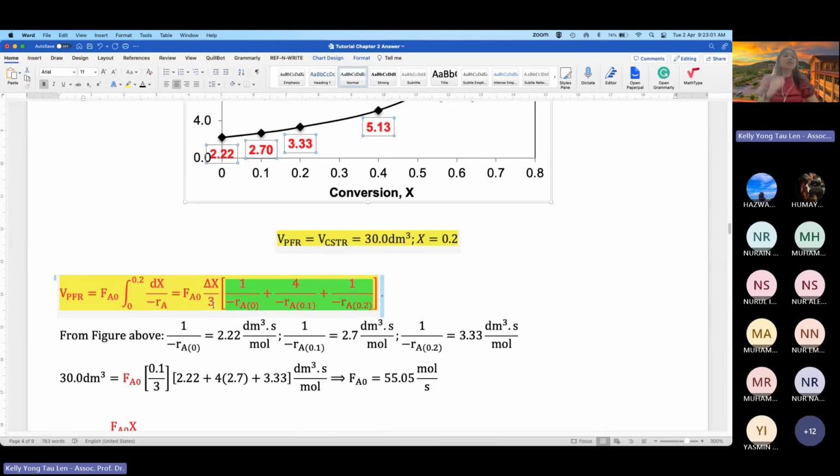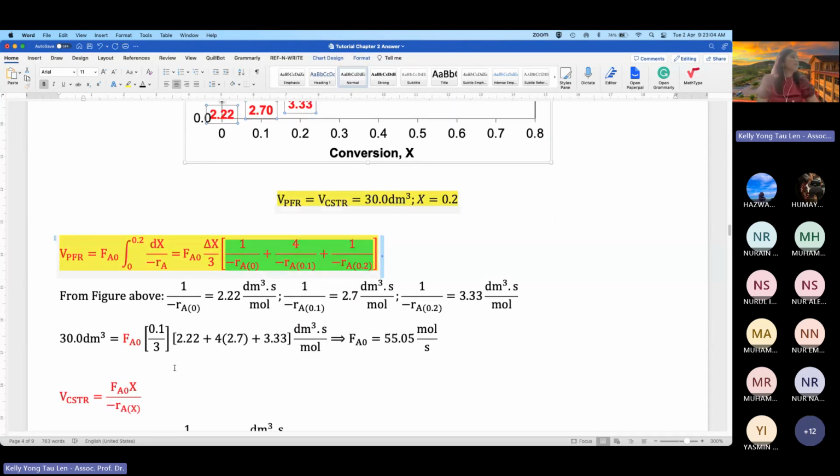So if I go to the next point, I can replace it straight away with 2.2 over here, because 1 per minus RA when my X is 0 is 2.2.